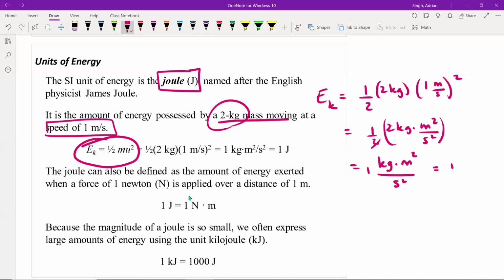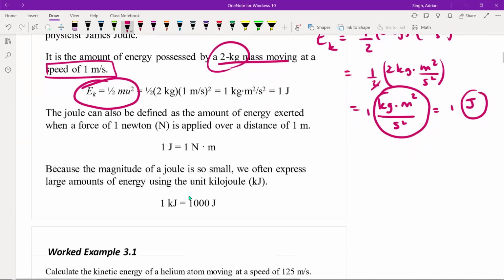That's what the joule is. So a joule is the same unit as kilogram meter squared per second squared. We can relate that energy to mass units, a distance unit, and a time unit as well, and do all sorts of conversions if we wanted to.